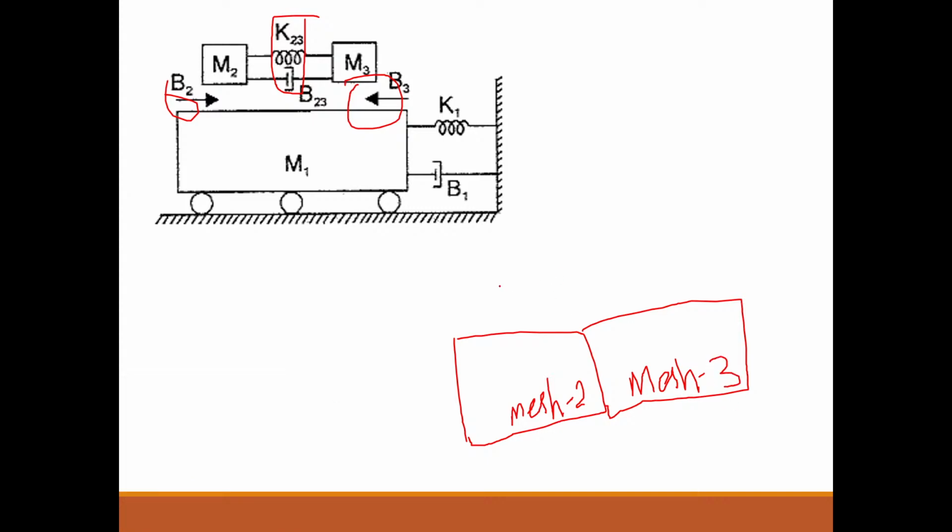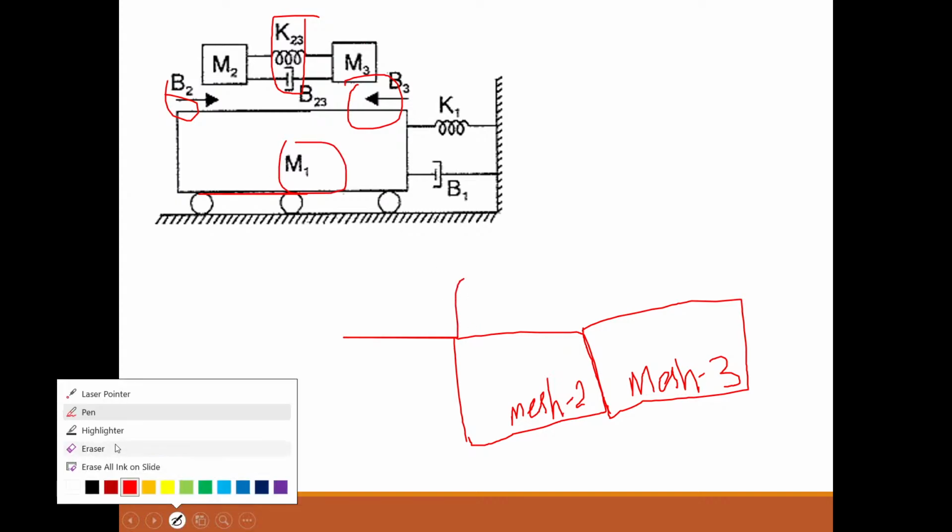So I have considered a common link between mass 2 and mass 3. Mass 1 has a common element with respect to mass 2 and also mass 3, so I am considering one more mesh.